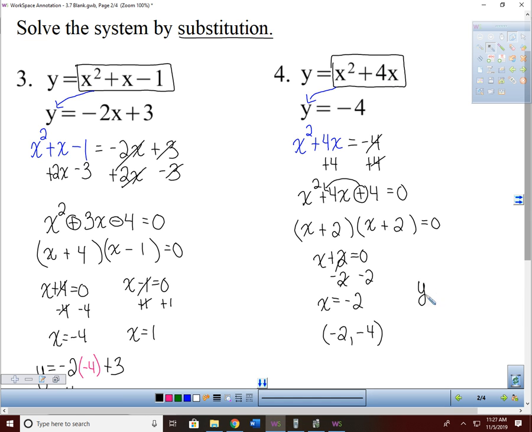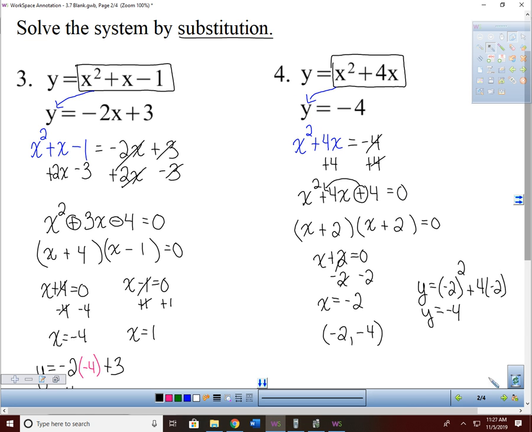If you do that, you just want to make sure that you put parentheses around your negative 2 when you plug in right here. So I've got negative 2 squared plus 4 times negative 2. That would give me 4 minus 8, which is negative 4 for a y value. So I'm still going to get it even if I don't realize. But if they tell you what x is or what y is, then you already know that that's your y or x value.